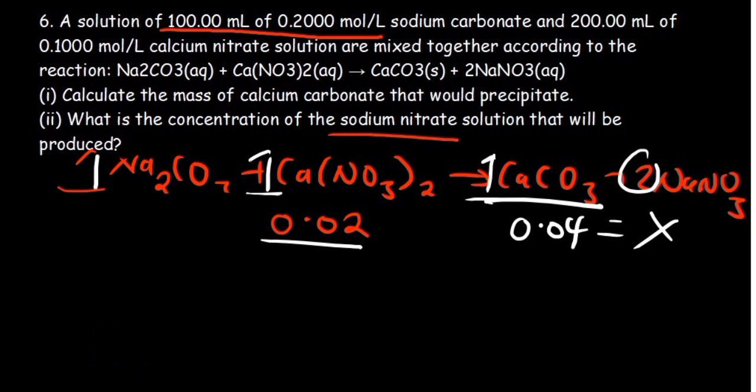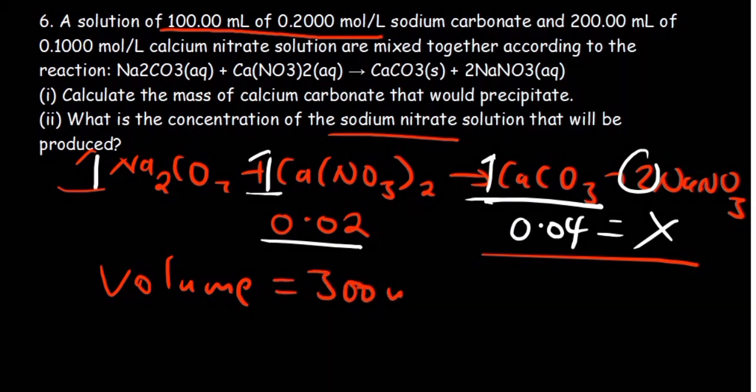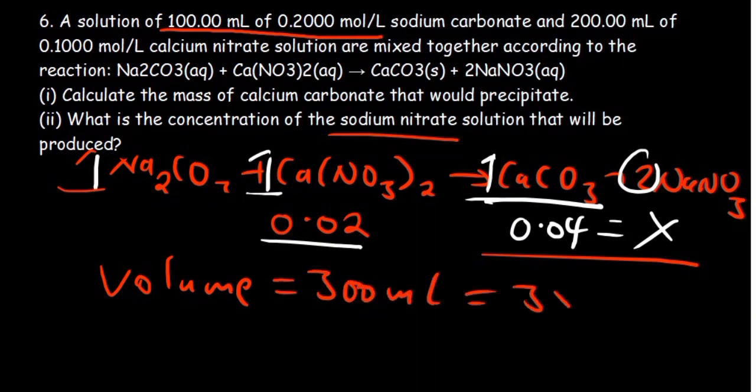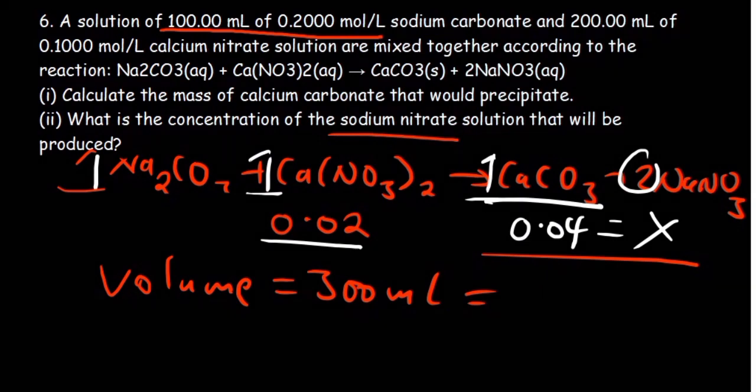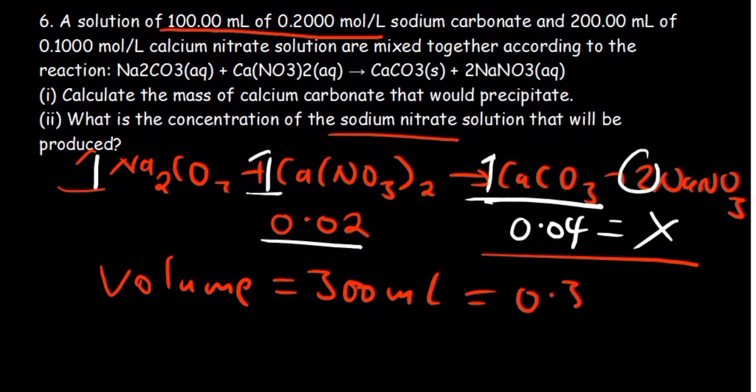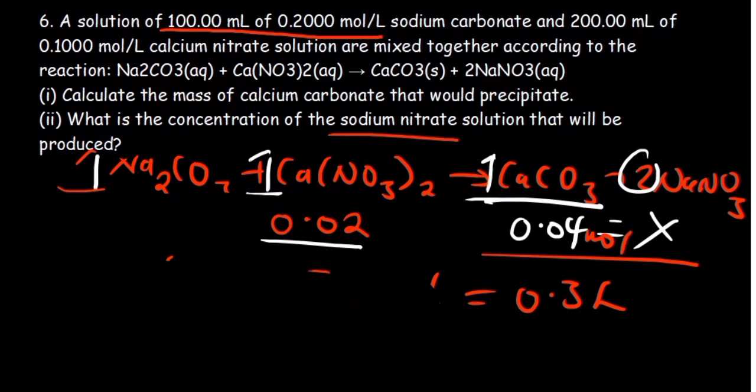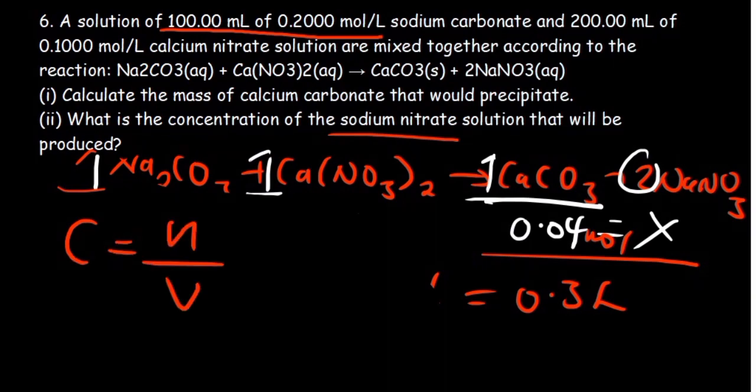Those are the number of moles of the sodium nitrate. So now we've determined the number of moles for sodium nitrate using the mole ratios. Then what was the total volume after combining the two? We combined 100 plus 200, giving us 300 milliliters, which is 300 divided by 1000, so 0.3 liters. Concentration is the number of moles dissolved in a given volume of solution.